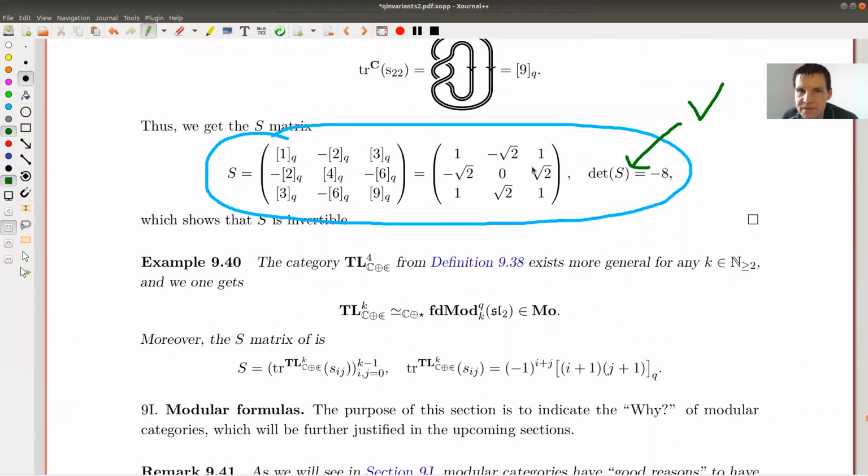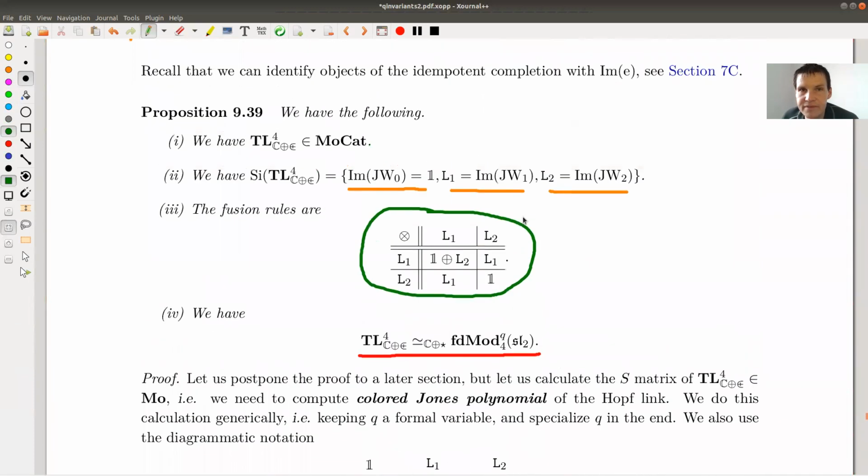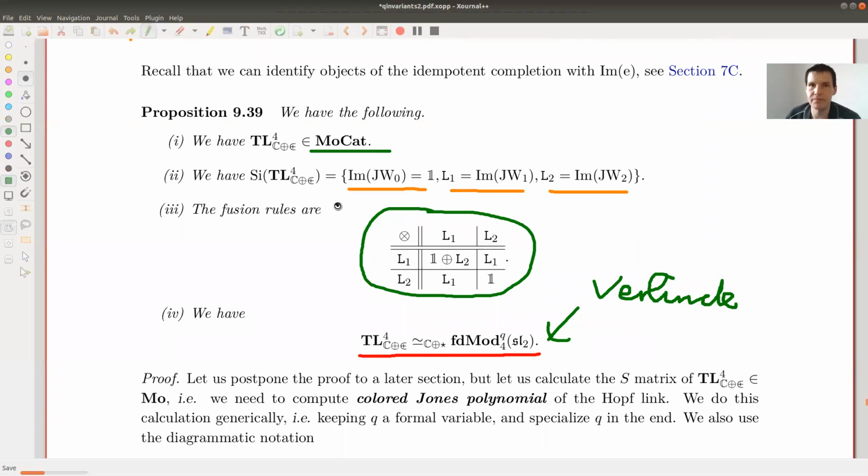But the S matrix has determinant non-zero. It's non-degenerate. This is how it looks like. So this actually is a modular category, and it's one of our examples. It's the diagrammatic version of the Verlinde category, which is pretty awesome, I think.